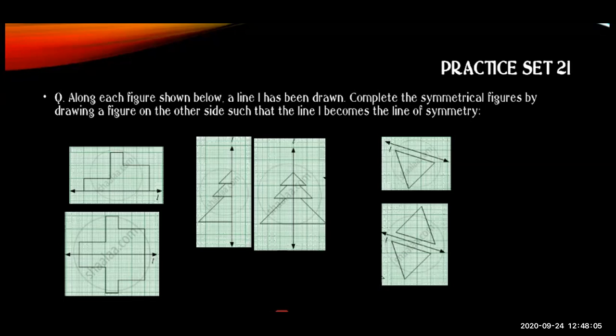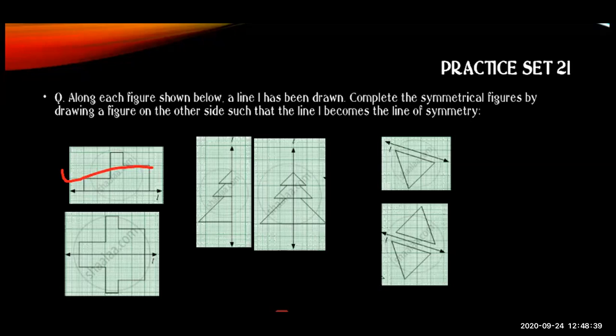Now here the first figure has a half part, the other side you are going to draw properly by looking at how many lines have been drawn. In the first figure, line L divides it, and the upper side shows some figure. That same figure you are going to draw on the other side.